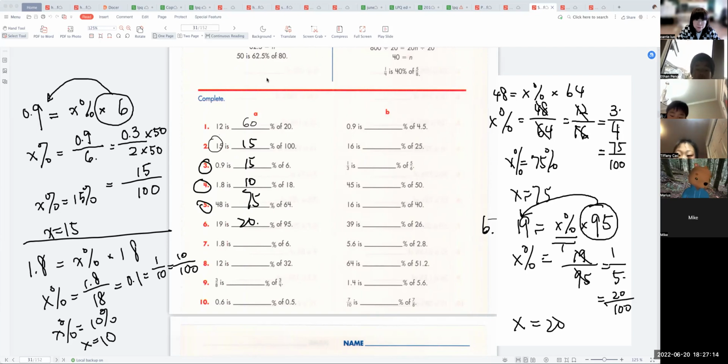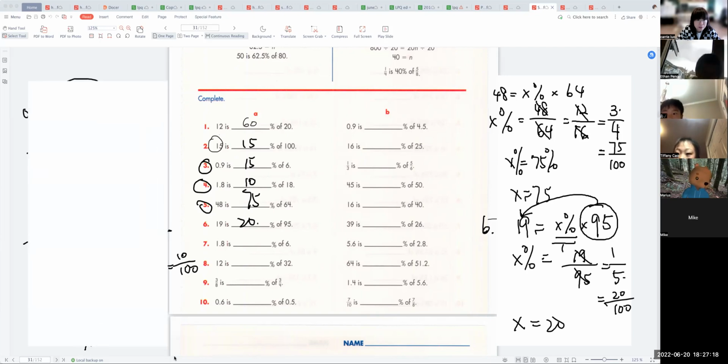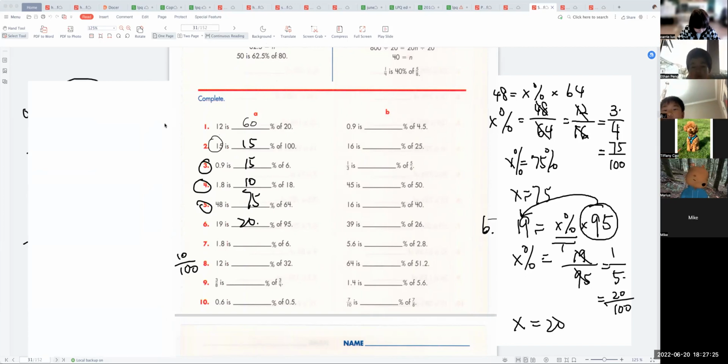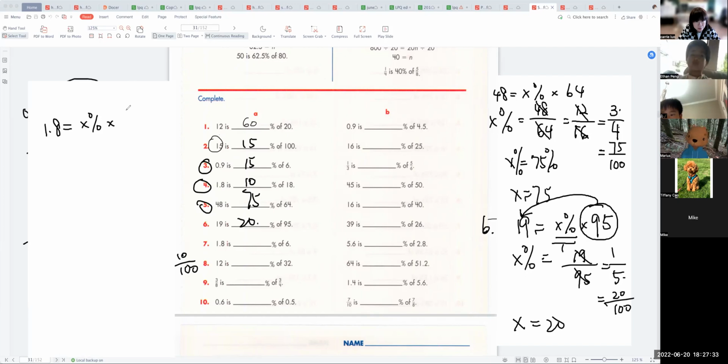Okay, so now Ethan, let's take a look at number 7. Can you give me the equation? 1.8 equals X percent times 6. Very good.